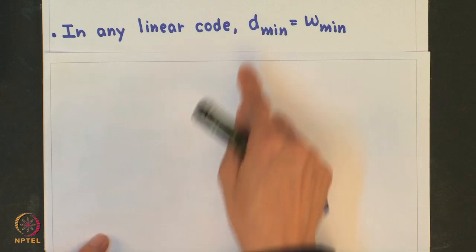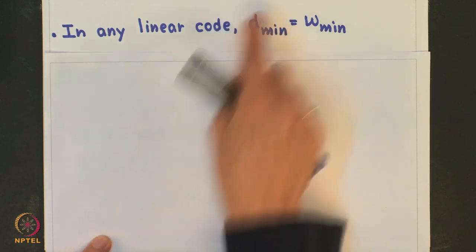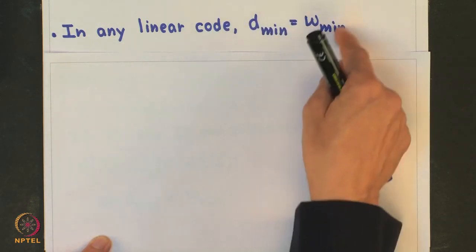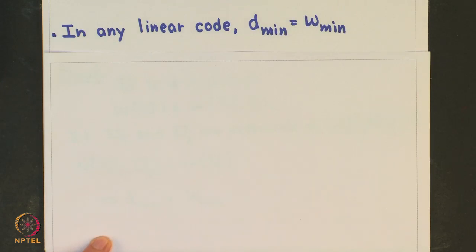Now, there is a theorem which says that in any linear code, d minimum is equal to w minimum. So, remember, d minimum is the minimum distance of a code and w minimum is the minimum weight of a code word in the code.